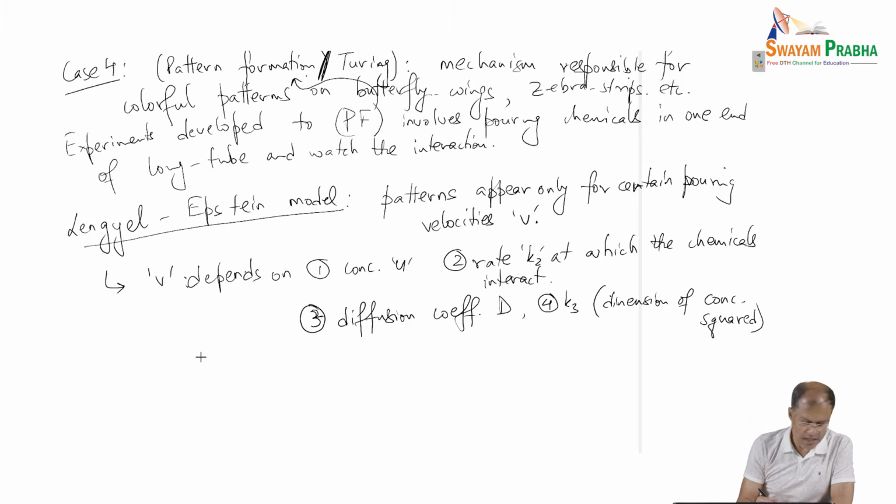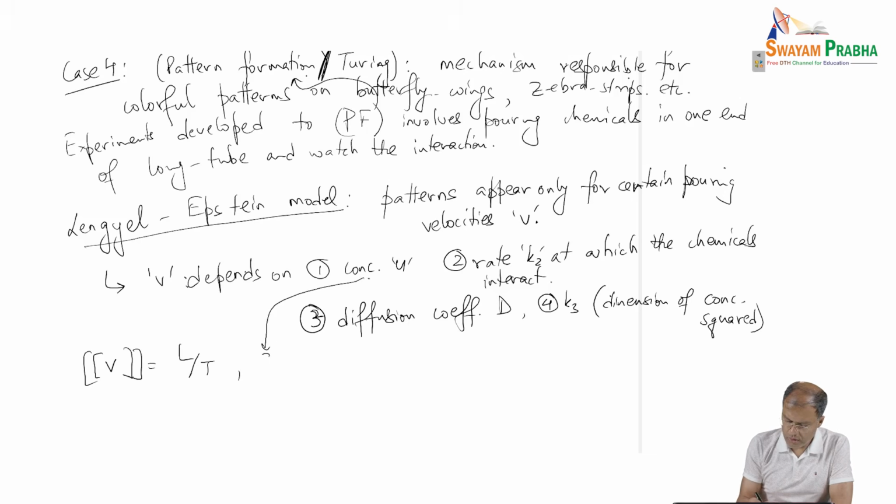To begin with, the fundamental dimension of velocity is L over T. For the concentration U, the fundamental dimension will be 1 over L cubed, because concentration is per unit volume.